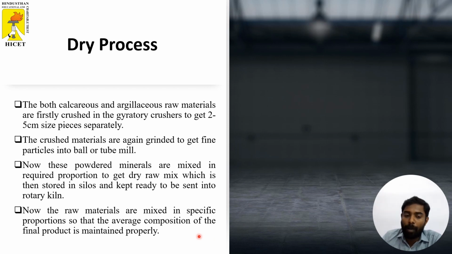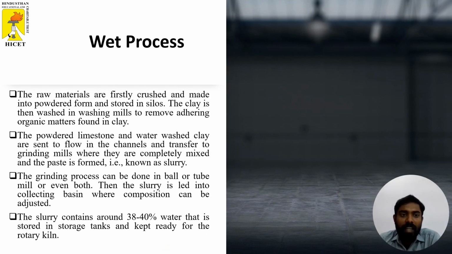In the case of the wet process, the raw materials are first crushed, made into powder form, and stored in silos. The clay is then washed in wash mills to remove adhering organic matter found in the clay. The powdered limestone and water-washed clay flow through channels to the grinding mills, where they are completely mixed and a paste is formed, known as slurry.